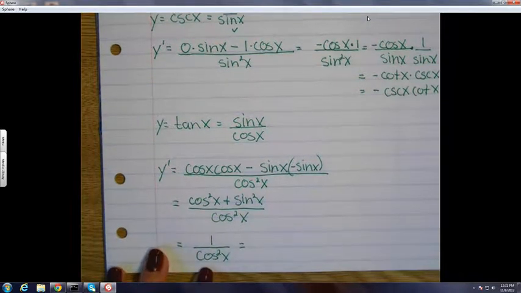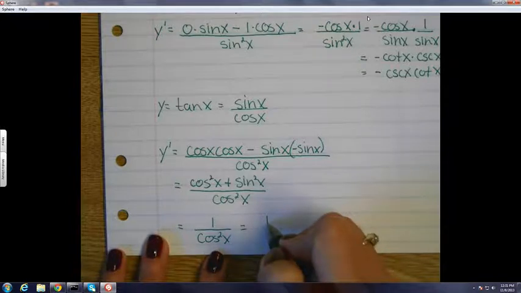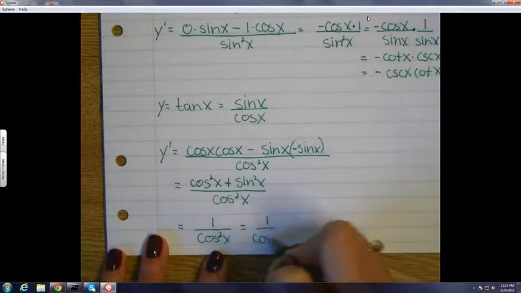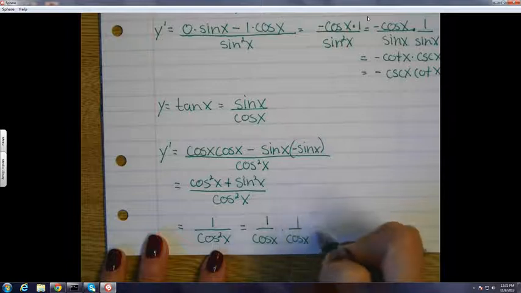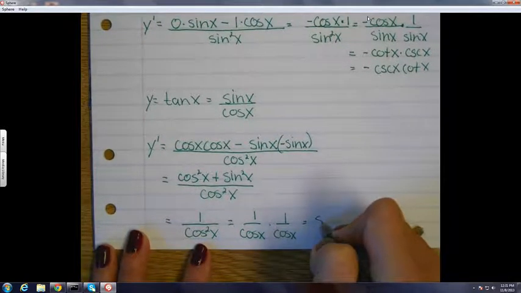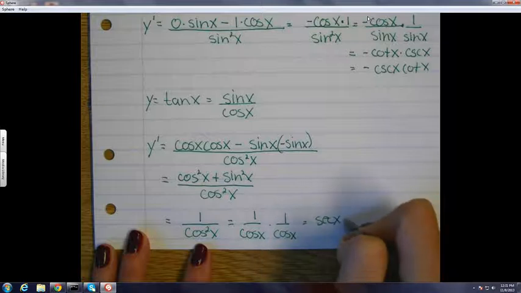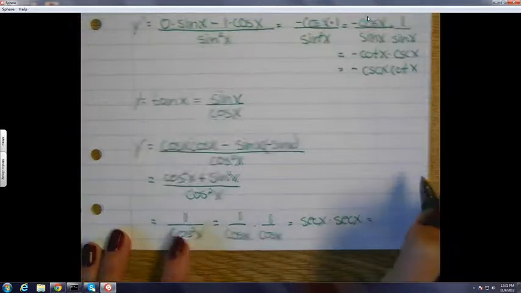Well, again, break this apart. Break that cosine squared up into cosine times cosine, and the two fractions are 1 over cosine times 1 over cosine. Well, 1 over cosine is secant times secant. That just simplifies to secant squared.